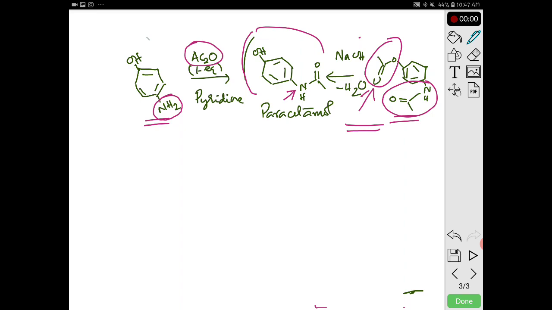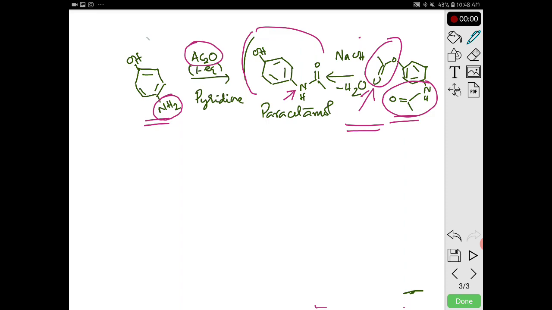Now let us look at what factors drive this chemoselectivity. What factors will influence it? For that, we are supposed to learn the reduction of carbonyl compounds, that is, reduction of organic compounds containing carbonyl groups.